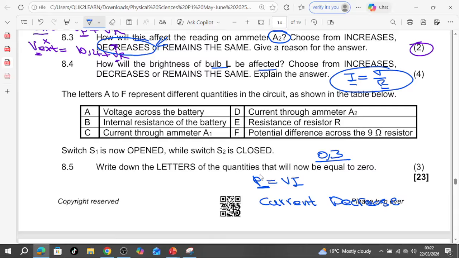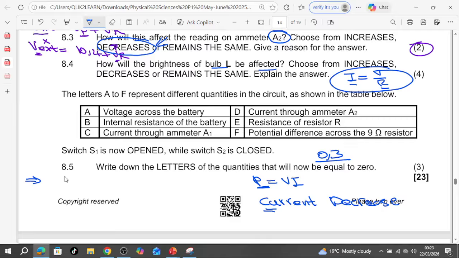We said the current will decrease, and now we need to talk about the internal resistance effect. The battery has an internal resistance of 0.3.